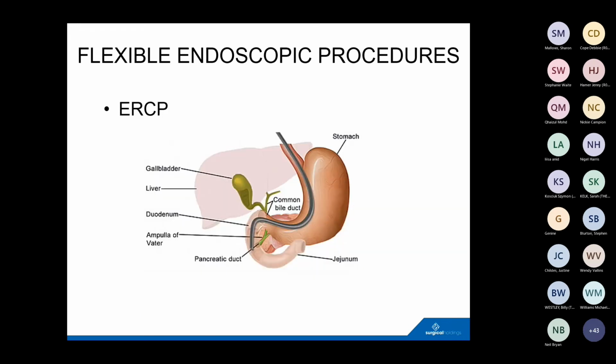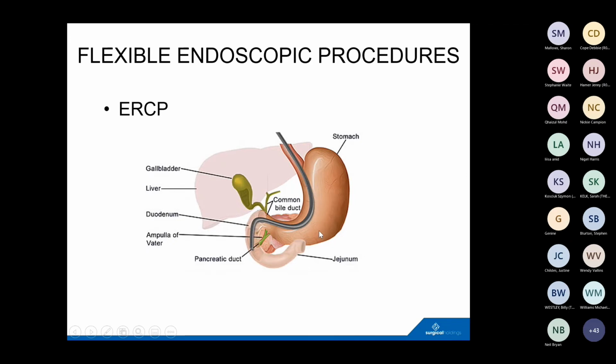I mentioned ERCP, so this is a diagrammatic representation of the procedure. ERCP stands for endoscopic retrograde cholangiopancreatography. To slow that down, endoscopic is using an endoscope, retrograde it's looking backwards, cholangio is the biliary system, and pancreatography is the pancreas.